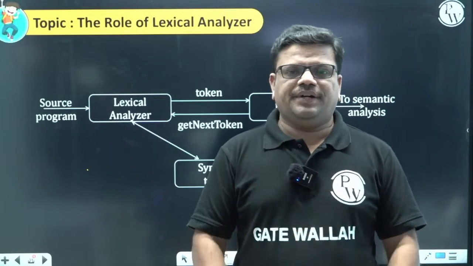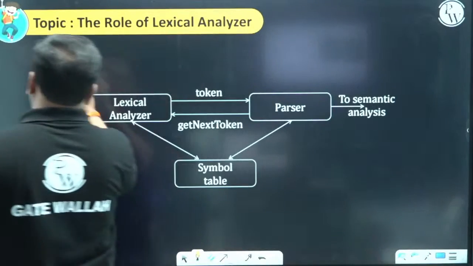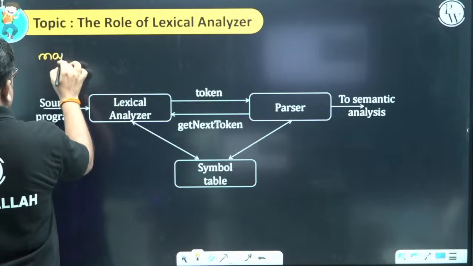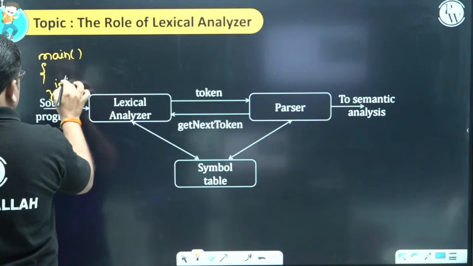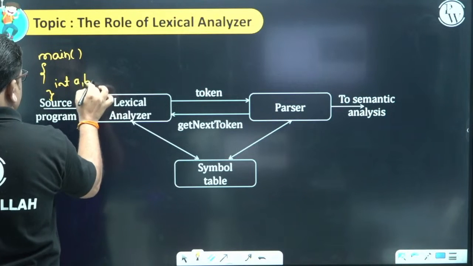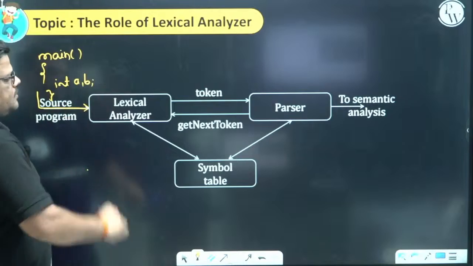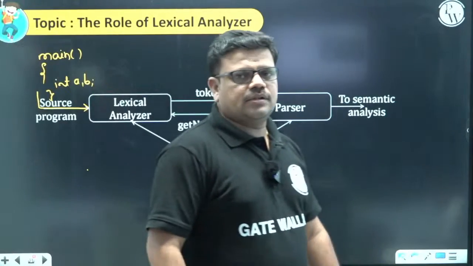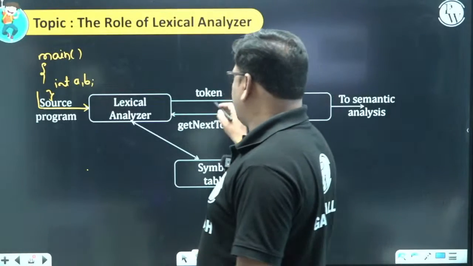I assume we have written some program, any C program with main. First, this program is taken by the lexical analyzer. What is the main task of the lexical analyzer? The lexical analyzer translates your program into tokens.